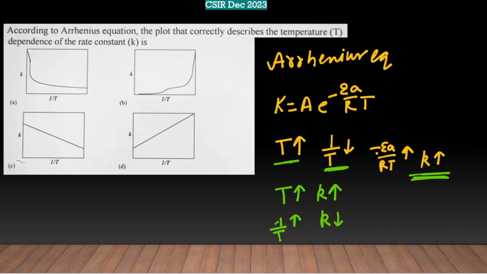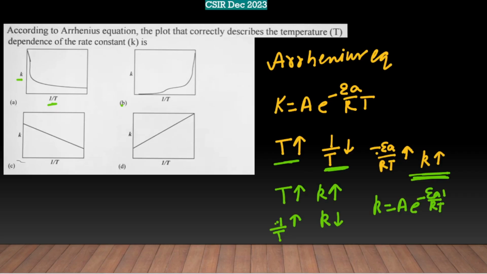So if I see the options, in A, with the increase in this 1 by T value, the value of the rate constant K is decreasing, and that is an exponential decrease as per our equation, K is equal to A times e to the power of minus EA upon RT.